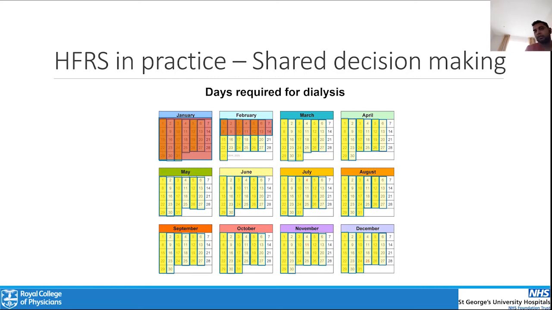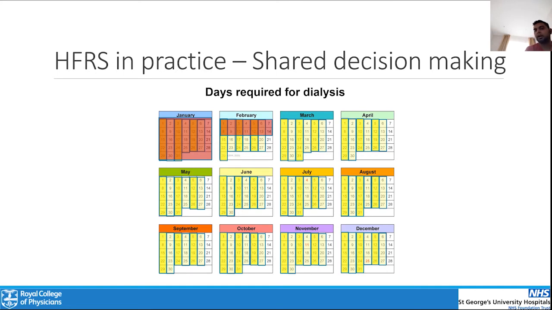So say if we took an example of dialysis and you wanted to counsel them on starting hemodialysis and the commitment of having dialysis 3 times a week, you could say to them, well, if you looked at a calendar, this is what it would look like.